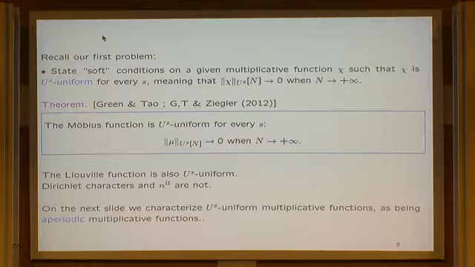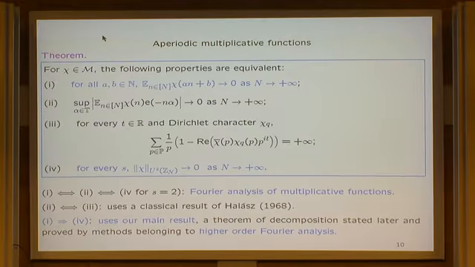And we have a good, simple characterization of these multiplicative functions. We call them aperiodic. It will be apparent here why. For a multiplicative function, we have several equivalent conditions. Let us concentrate on the first and last one. The first one explains why I call that aperiodic: if you average this multiplicative function on an infinite progression, then you find 0.